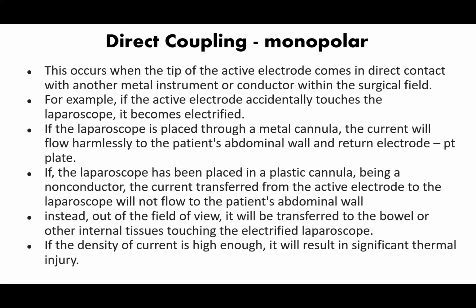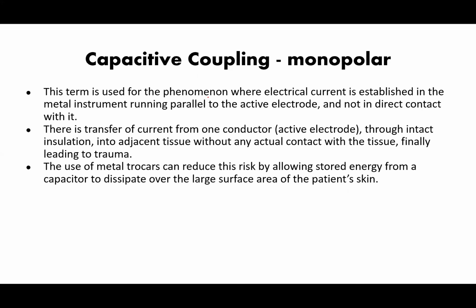For example, if the active electrode accidentally touches the laparoscope, that laparoscope becomes electrified, and it can cause injury. However, if there is a metallic trocar, it can spread along the body, anterior abdominal wall, to reduce that effect.